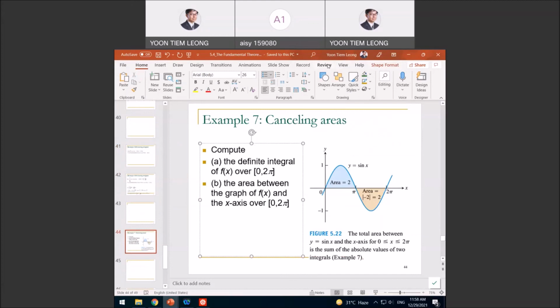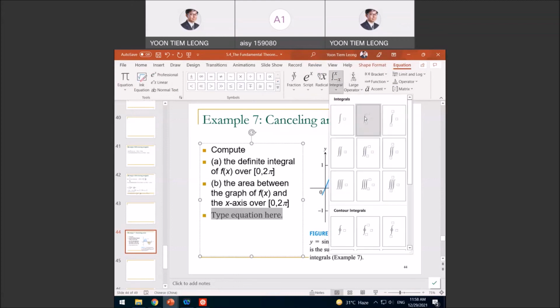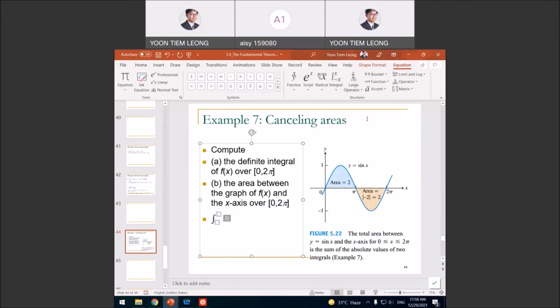Okay, so let me try to get the answer done. I'm going to integrate the function. Maybe I should just use this integration sign for the function sine x dx, and x is to be integrated from 0 to 2 pi.